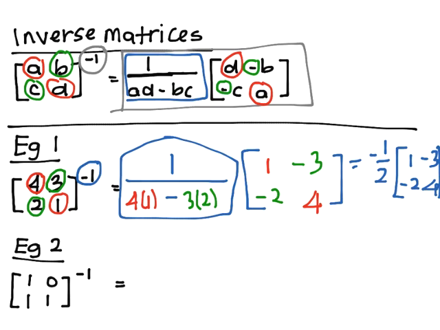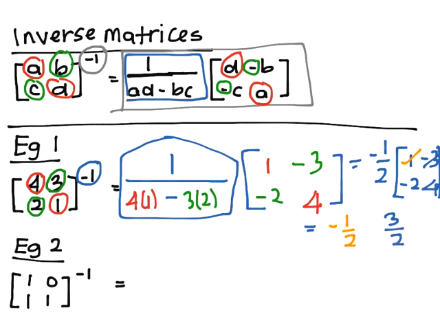So to simplify this matrix, a value multiplied with the matrix, we multiply with all the values we have in the matrix. So negative 1 over 2 multiply with 1, we will have negative 1 over 2. Negative 1 over 2 multiply with negative 3, we will come up with positive 3 over 2.